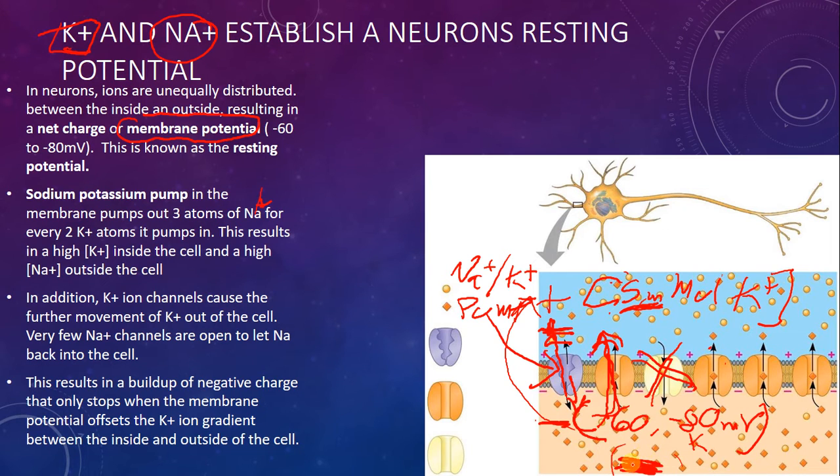However, the overall negative charge inside the cell eventually, since opposites attract, negative overall potential inside, positive charge on the potassium, they will attract each other, and this negative membrane potential will actually prevent more potassium from diffusing outside of the cell. And at that point, we'll reach our resting potential, -60 to -80 millivolts. So it all has to do with the sodium-potassium pump and the potassium ion channels letting some diffuse back to the extracellular fluid.